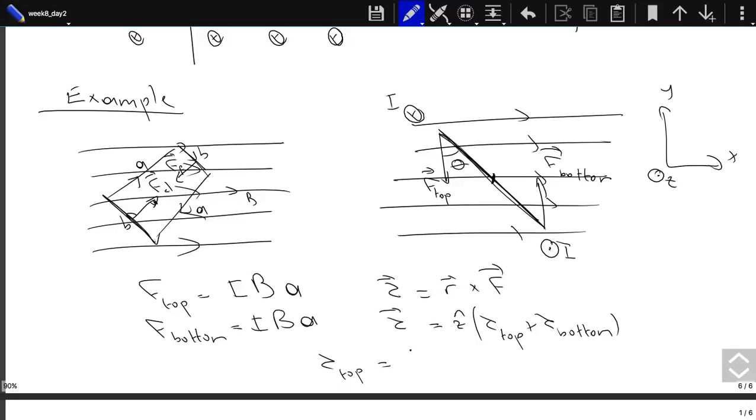The distance from the center of mass is B over 2. This is the magnitude of R. The force, we had already written, has magnitude IB times A. Then the sine of the angle between R and F. This is my R, this is my F. The angle between the two is pi minus theta. So sine of pi minus theta. Do you agree?